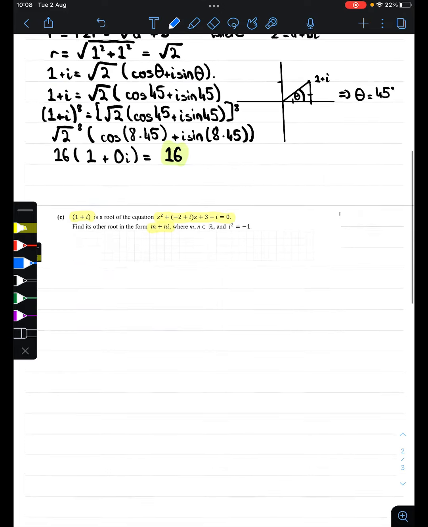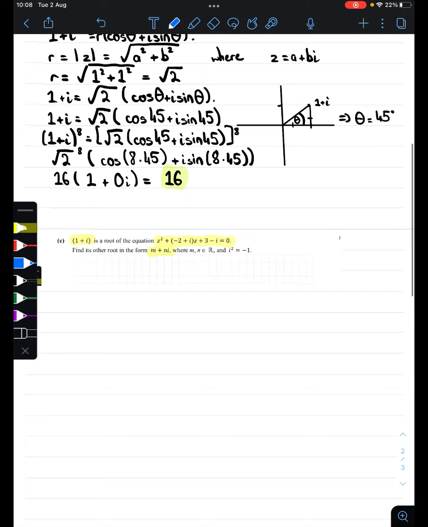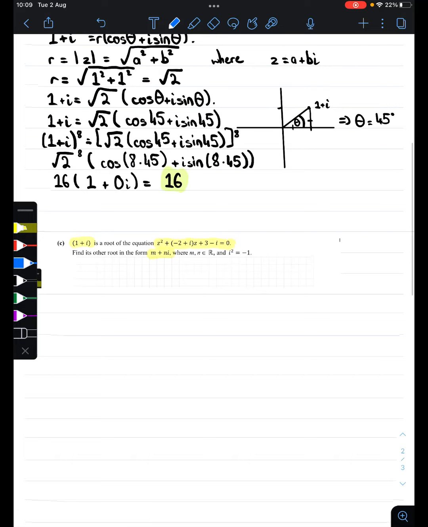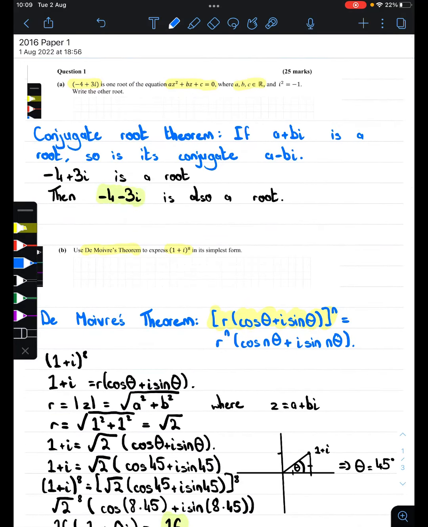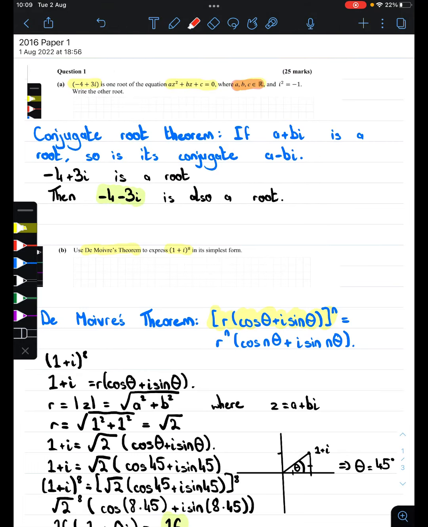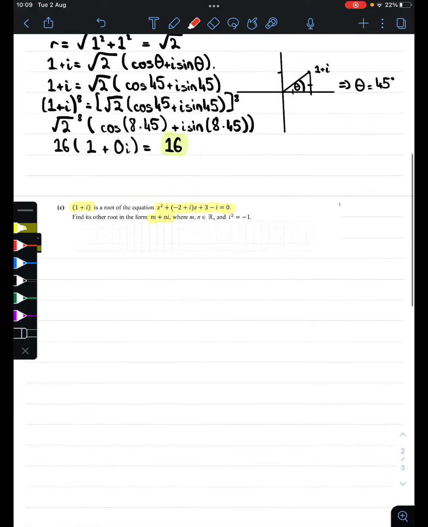And the reason that we can't is that the conjugate root theorem only works when you're working with a real polynomial, a polynomial with real coefficients. In the first statement this polynomial does have real coefficients, so we could use it, but here it doesn't, so we can't.